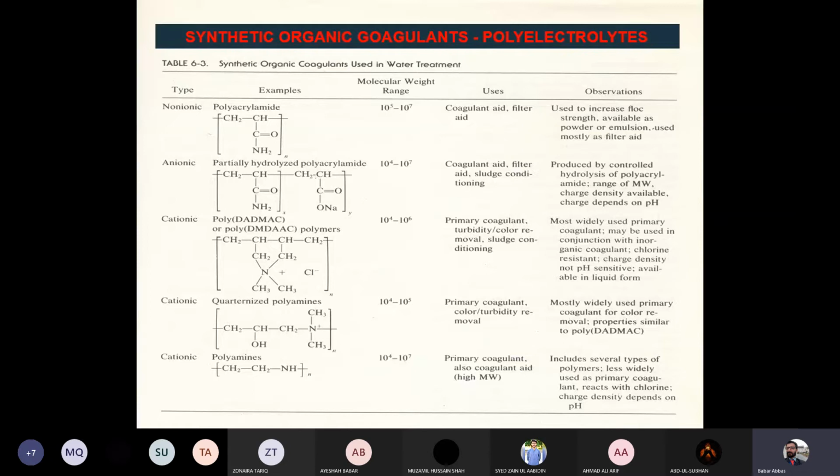You can see all together these coagulants as polyelectrolytes, and later on you can discuss or read all these observations in detail.